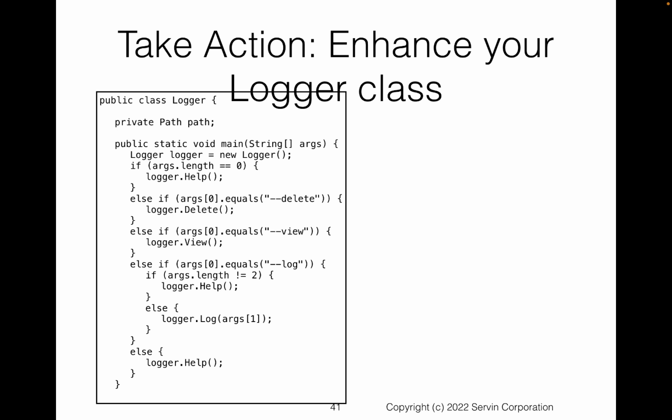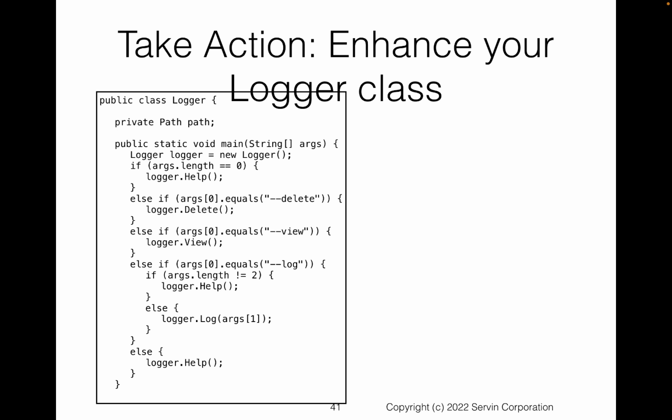We'll immediately create an instance of Logger. Notice we create an instance of our Logger class. We check and see if the args.length is equal to 0. And if that's the case, we know you didn't enter anything on the command line, so we call logger.help. Else, if the length was not equal to 0, then our else is if the args[0], so we're wanting to see the first arg you typed in, if it equals --delete.